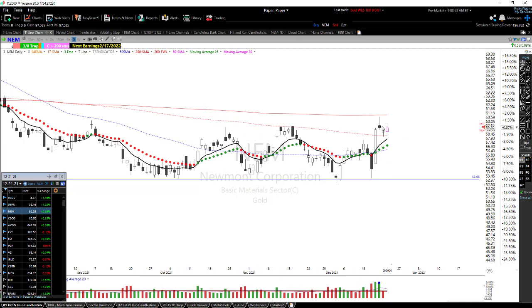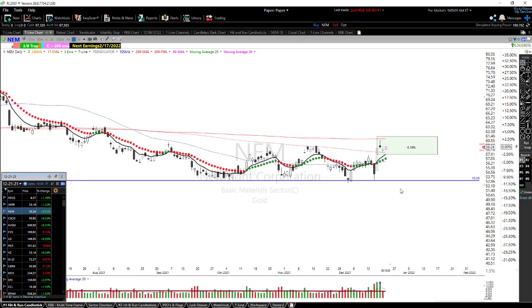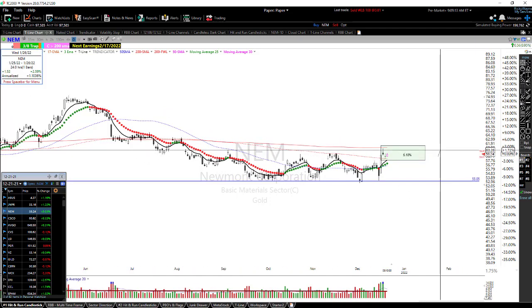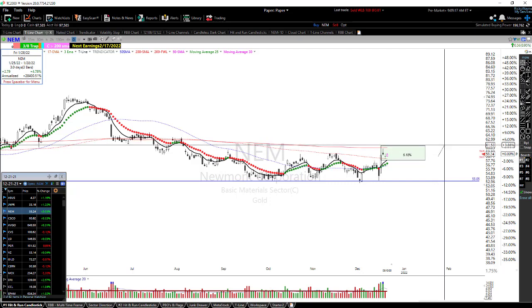Big pop to the upside, and all we're having is a little bit of profit taking, a little bit of rest in here. So this whole area becomes the buy point, and I'm going to go above the 200 period moving average and down to the T line. Some people are going to buy here at 58.80, some will buy at 60.47, and some will buy a breakout at 61.50.